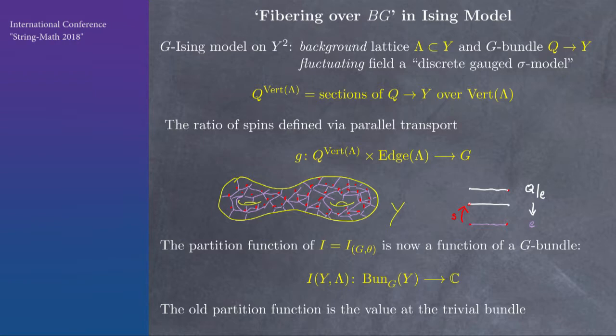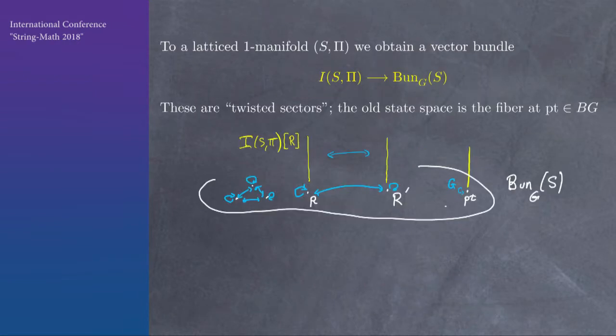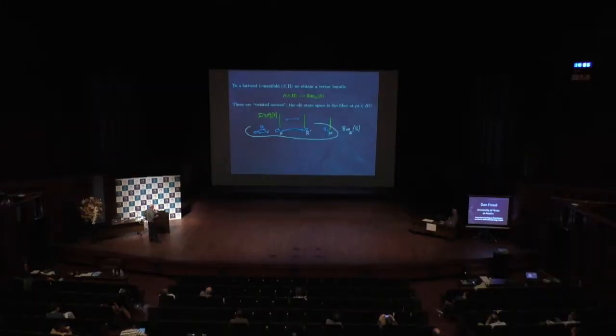So what about the partition function? Well, now for each background bundle, you get a number. That's the partition function we wrote before. And so now the partition function is a function on the bundles. And if we quantize on a one manifold, then we have to give ourselves a background G bundle on the one manifold. That goes by the name of twisted sectors in some contexts. And so for each background bundle, we get a vector space of states, and so we get a vector bundle over bun G. So those we recognize from our finite group theory.